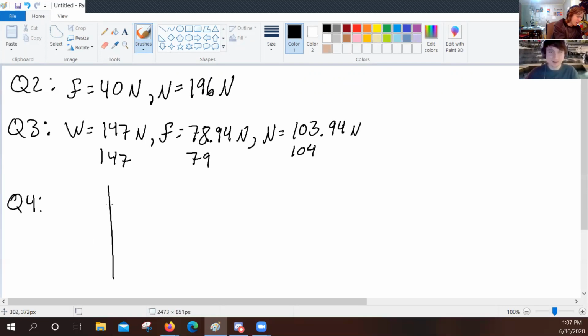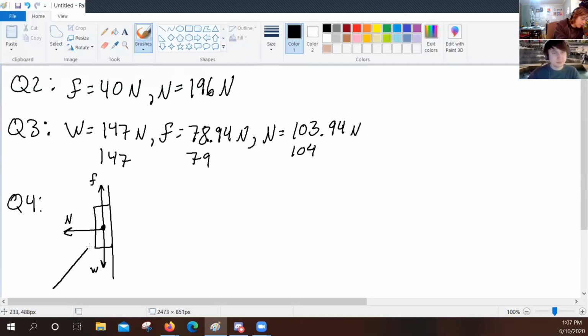So basically, we've got our wall here. We got our book. Here's the center of that book. So the book wants to fall because of its weight. So we got our weight. Its friction force is pointing upward because it's being pulled down basically. So that's our friction force. We have our normal force coming straight out from the wall because the wall is pushing against the book.